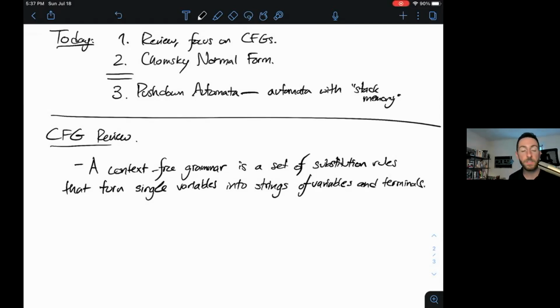At its core, that's all a context-free grammar is. It's a bunch of substitution rules. At any point, you've got some string in your workspace. It's got possibly some terminals and possibly some variables. And your next step is to transform one variable into some other string according to a substitution rule.